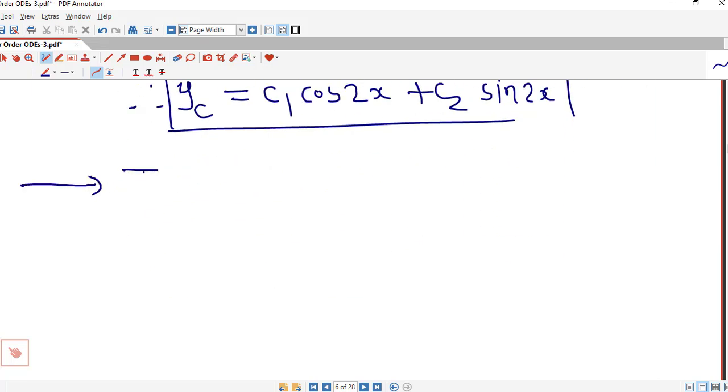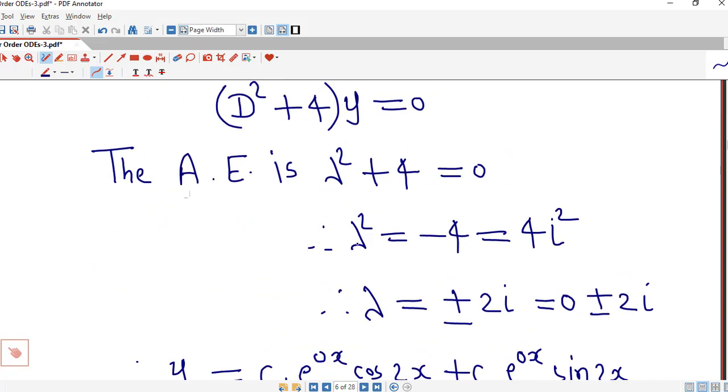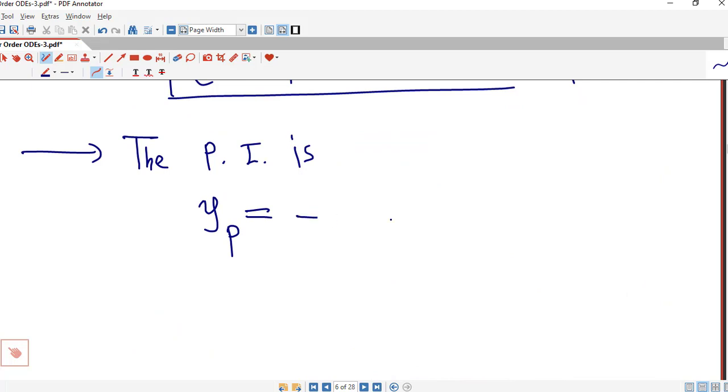Now we go for the particular integral. The particular integral is y suffix p equal to, from this we have y equal to 1 over D square plus 4 times 8 cos 2x.